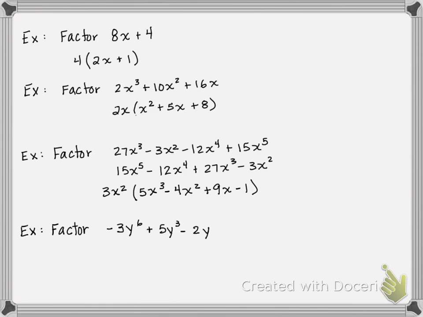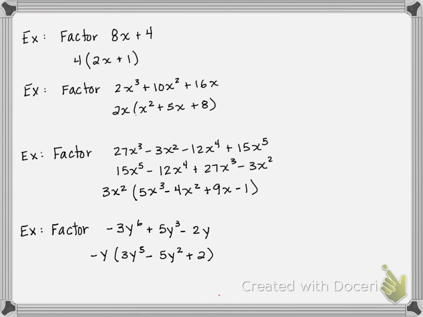That's the only thing they have in common, a single factor of y. But I'm going to take out a negative y rather than a positive y because it's going to make the first term positive. If I take out a negative y, that changes the signs of all of my terms. So this becomes a positive 3y to the fifth, this becomes a negative 5y squared, and this becomes a positive 2.